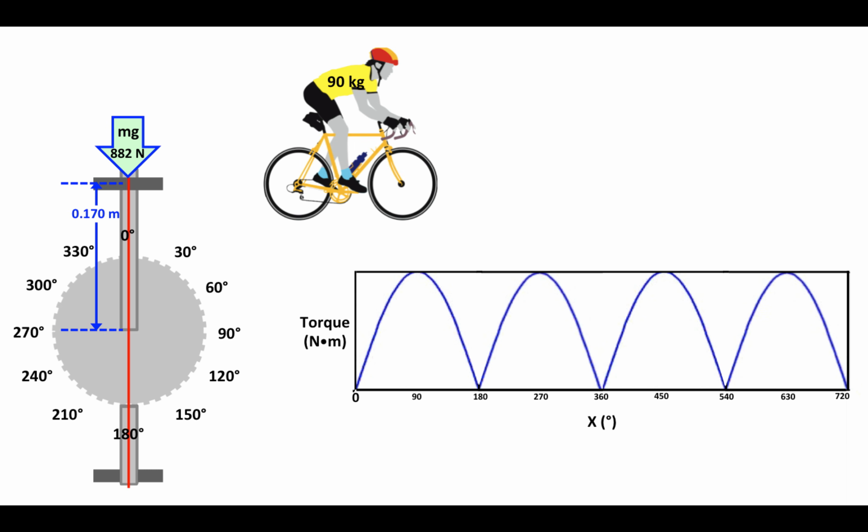We're going to plot some values for torque on the y-axis as a function of the angle in degrees on the x-axis, and for any point on that curve, the torque at x degrees is going to be equal to 882 newtons times 0.170 meters times the absolute value of the sine of x. If you're a little confused by this setup diagram, the following examples will make it very clear.